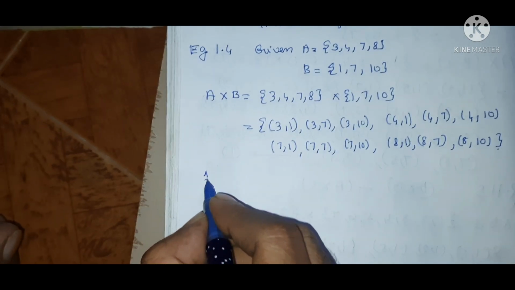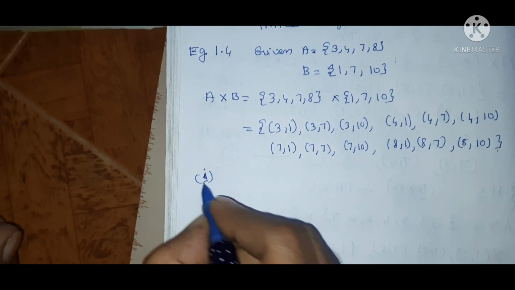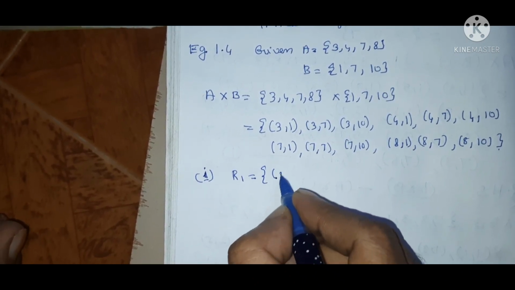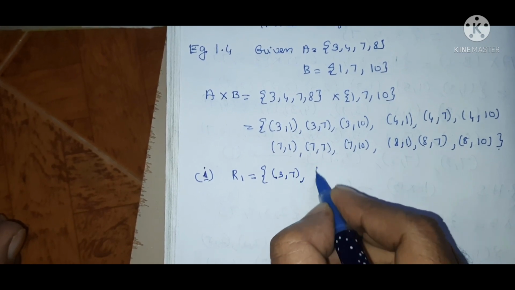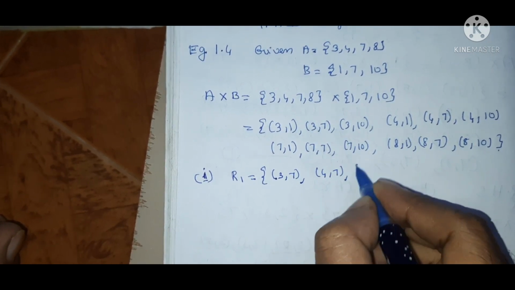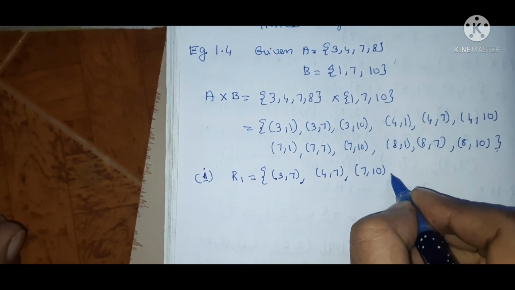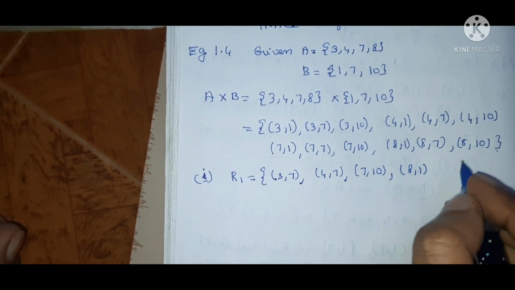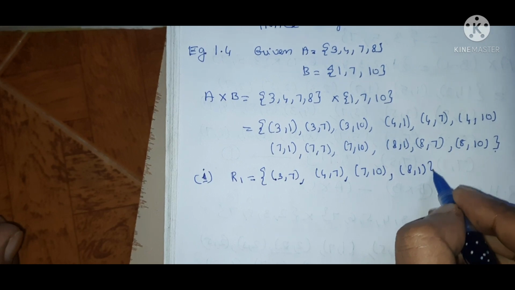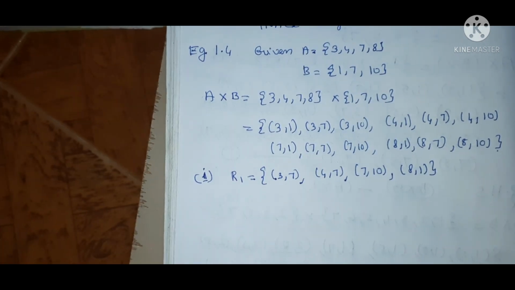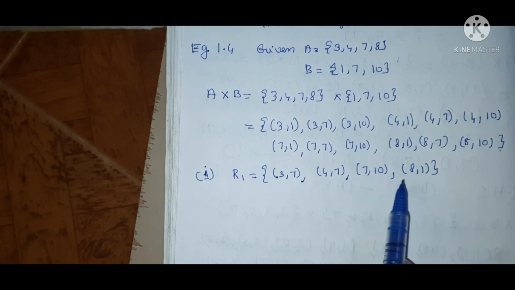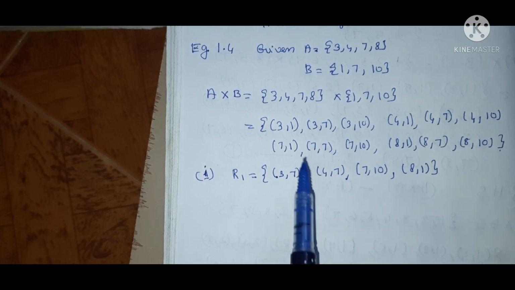First question, R1 = {(3, 7), (4, 7), (7, 10), (8, 1)}. The relation is given. 4 ordered pairs are there.